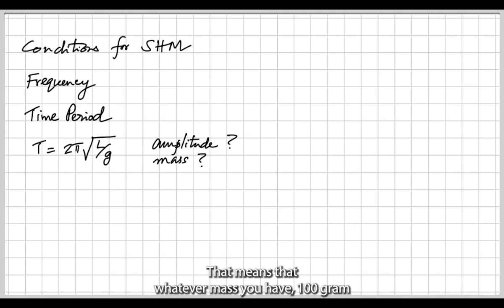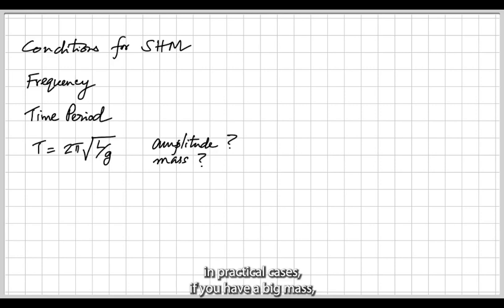That means that whatever mass you have, whether it's 100 gram or 200 gram or 1 kilogram, it does not affect the time period. So if I ask you, if the mass is doubled, what happens to the time period? The obvious answer is nothing happens. The time period is independent of the mass.